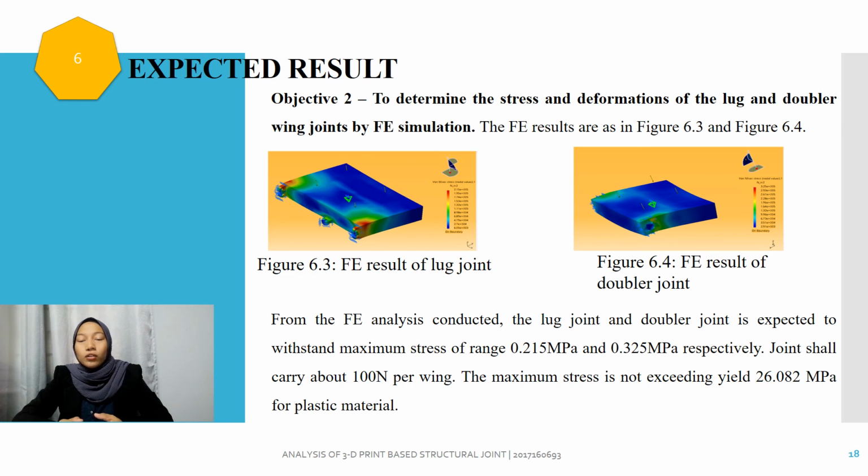The joint should carry about 100 Newton per wing. The maximum stress is not exceeding the yield of 26.082 megapascal for plastic material. If we look closer at the diagram shown, we could observe there is more stress occurring at the joining section for both types of joint.